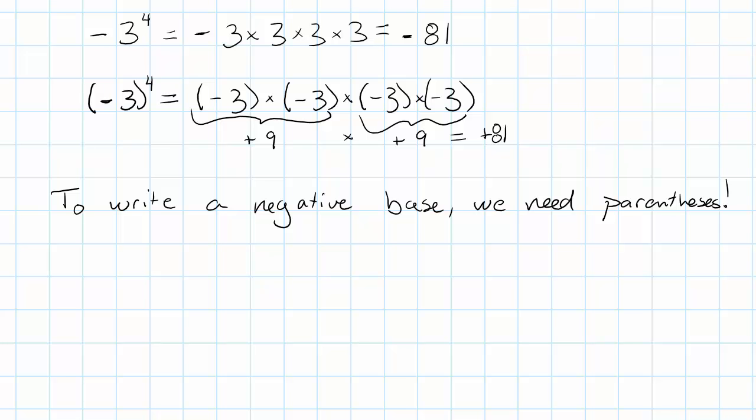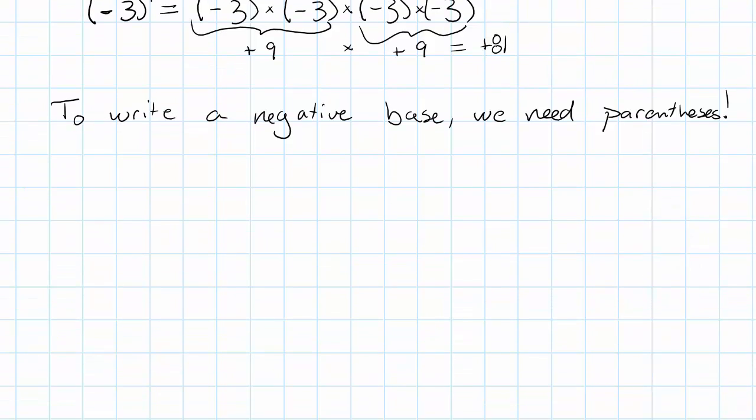There's one other pattern that we want to notice in powers of negative numbers, and I'm going to look at negative 1 and also negative 3. Now, negative 1 to the 0th power, just like everything else to the 0th power, is just 1.